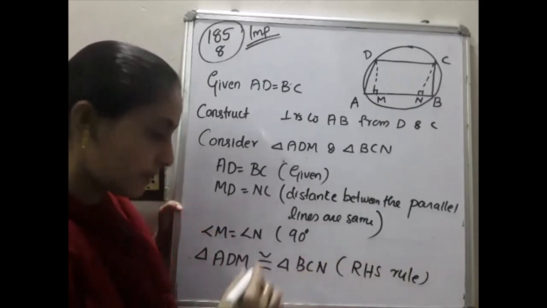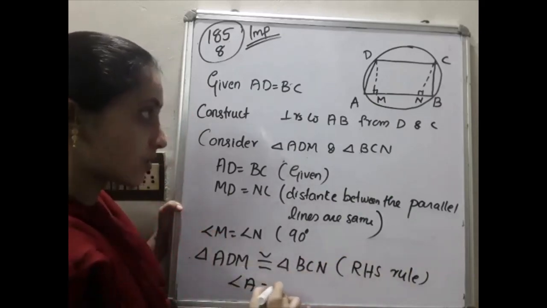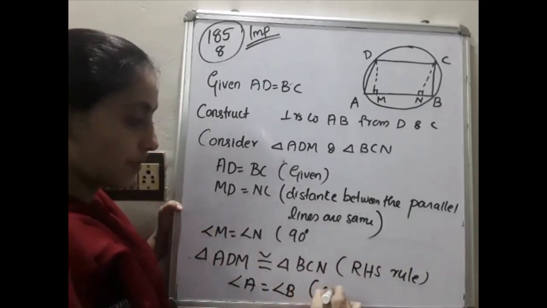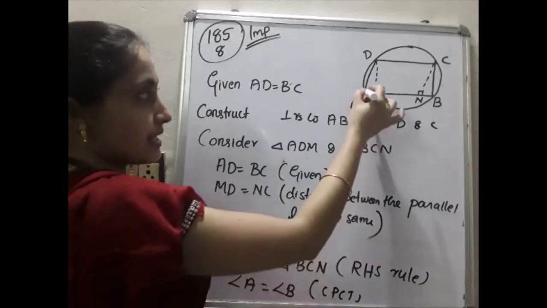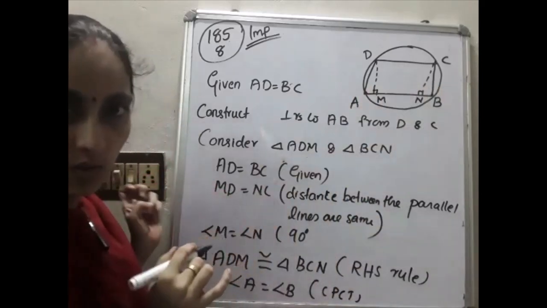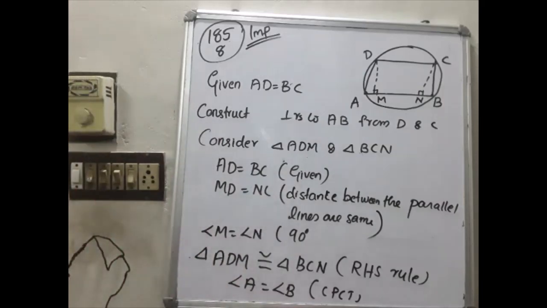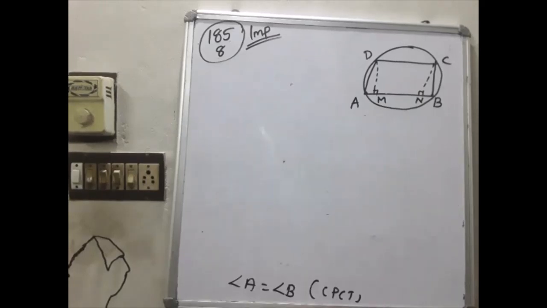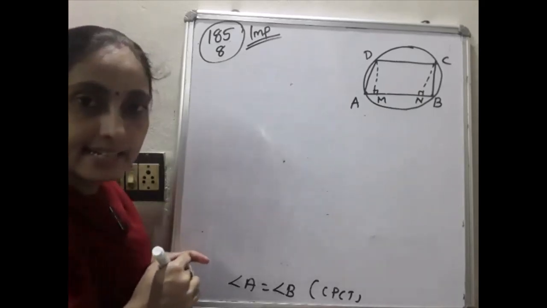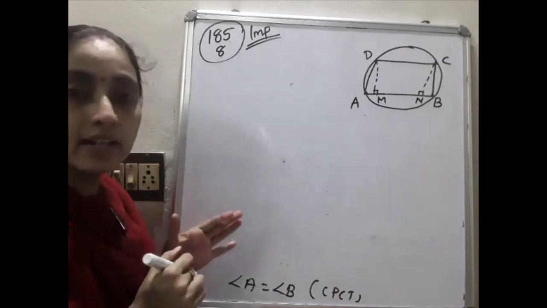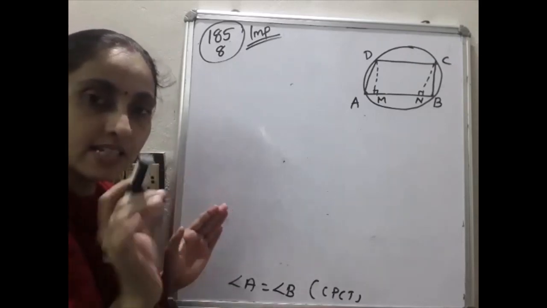Okay, so by CPCT what can we write? Angle A is equal to angle B, by CPCT. That means this angle and this angle are equal. Okay, so please write down this much. Listen here. In the question it is given that the lines AB and CD are parallel. Why? Because it is a trapezium.